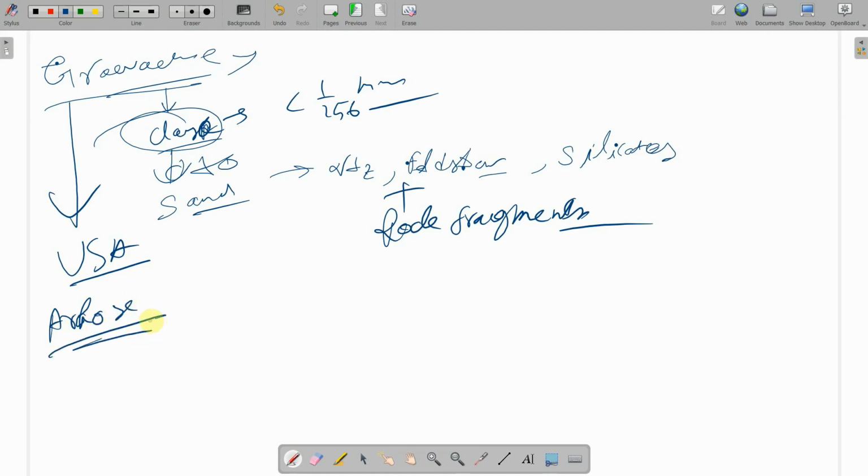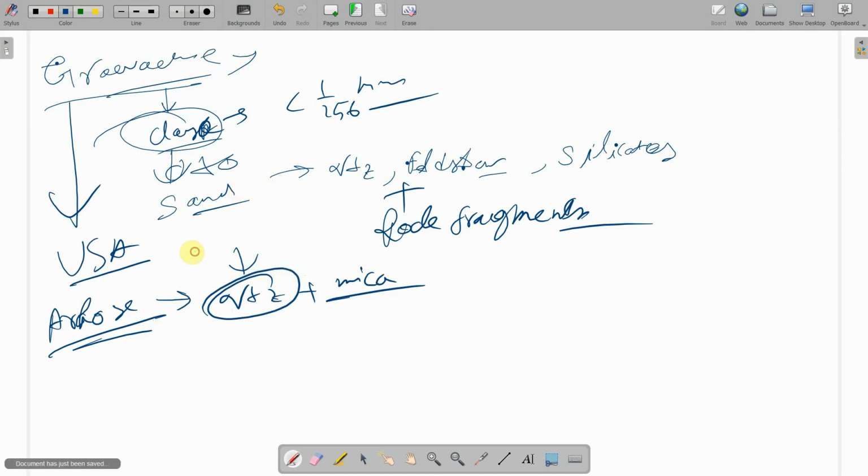So arkose is a mixture of quartz and mica. It's a mixture of quartz plus mica. Quartz is, I haven't asked this yet, tell me, what is quartz? What is quartz? No, quartz is a mineral. Quartz is a mineral.